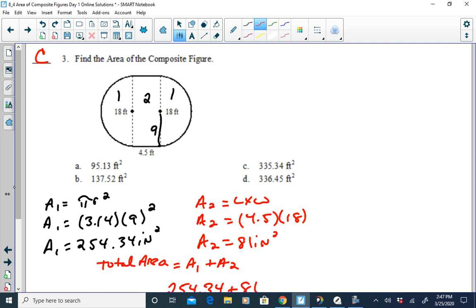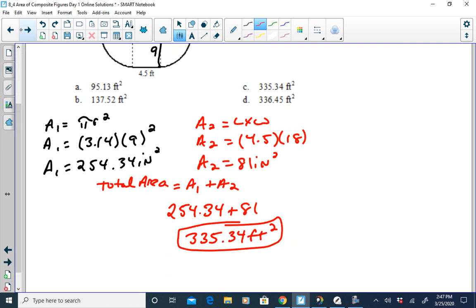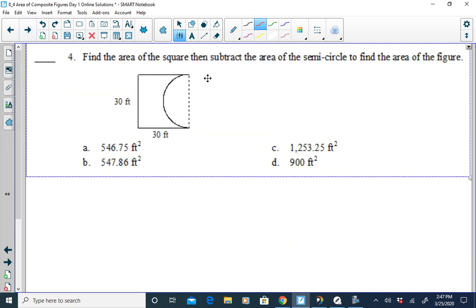Alright, next one. We want to find the area of the square, then subtract the area of the semicircle to find the area of the figure. So we're looking for this area in here. And to find that area, we're going to have to find the area of the square and subtract the area of the semicircle.